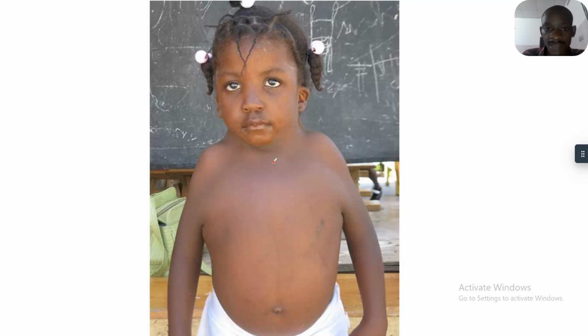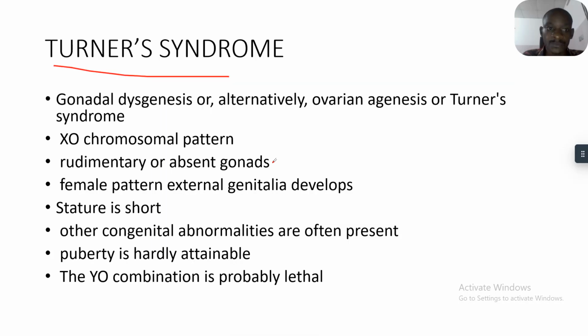Now, this is Turner's syndrome. In Turner syndrome, there's gonadal dysgenesis. Your gonads atrophy, literally they disappear progressively.